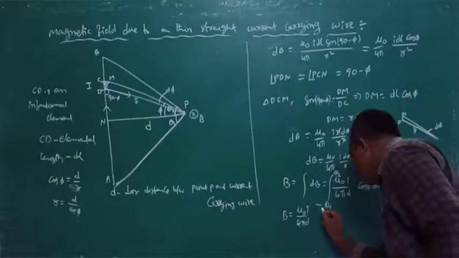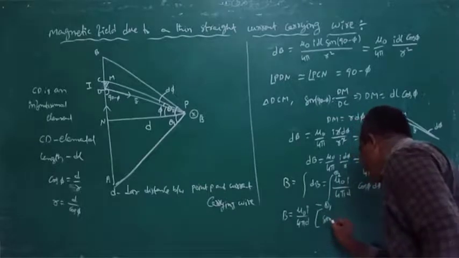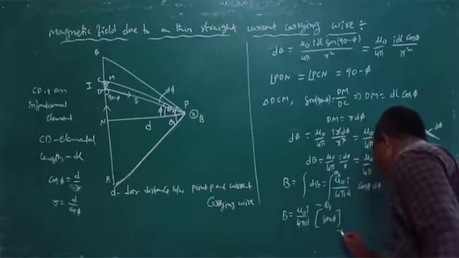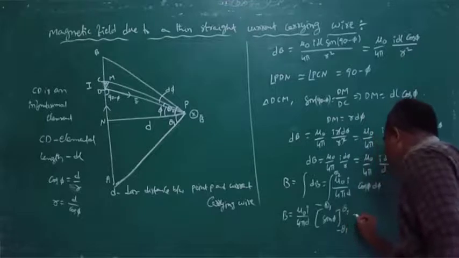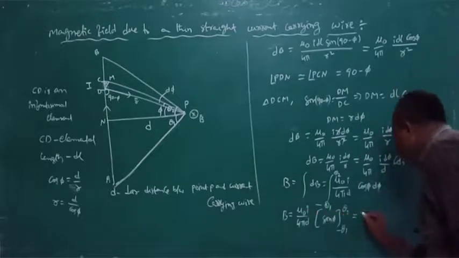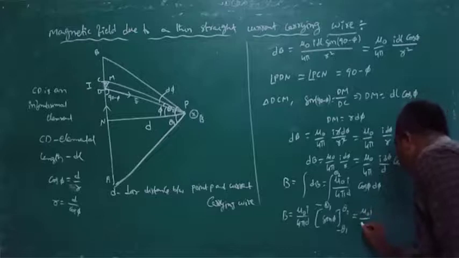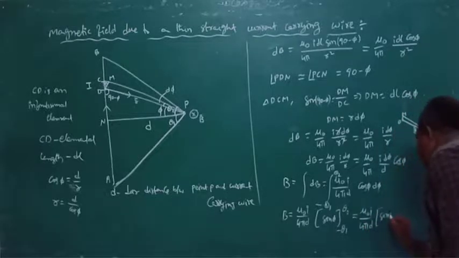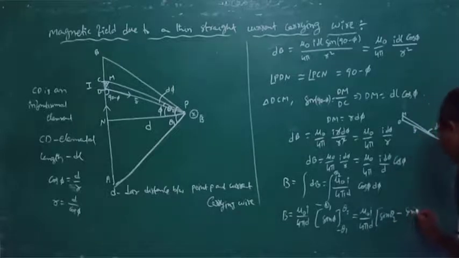That is sin phi from minus theta 1 to theta 2, which gives mu naught I by 4 pi d times sin theta 2 minus sin of minus theta 1. Sin of minus theta 1 can be written as minus sin theta 1.